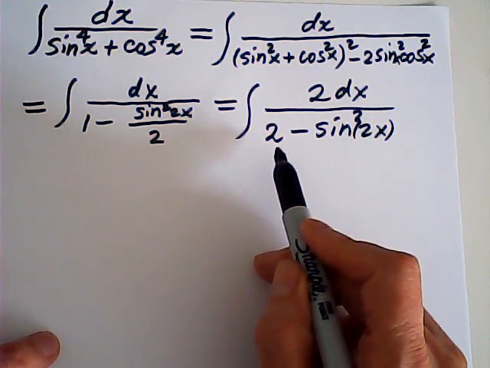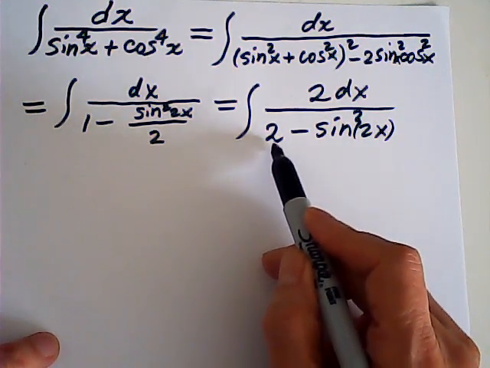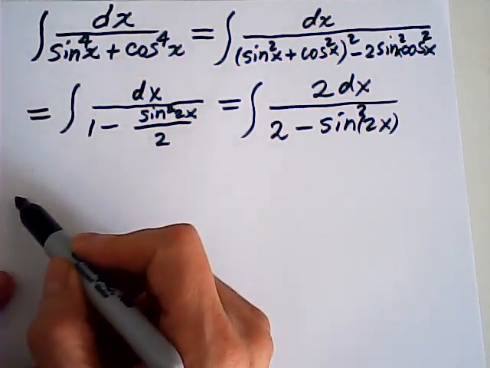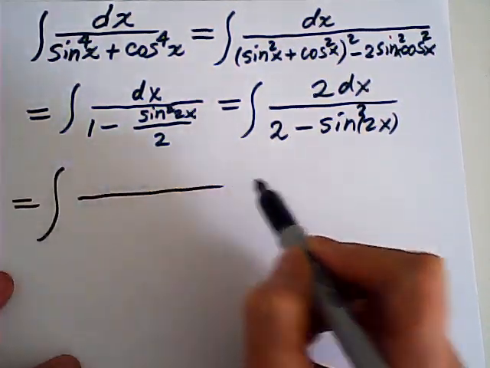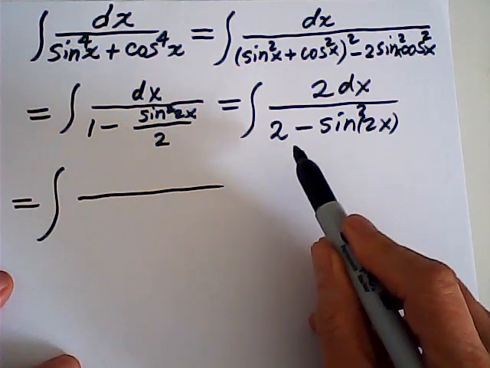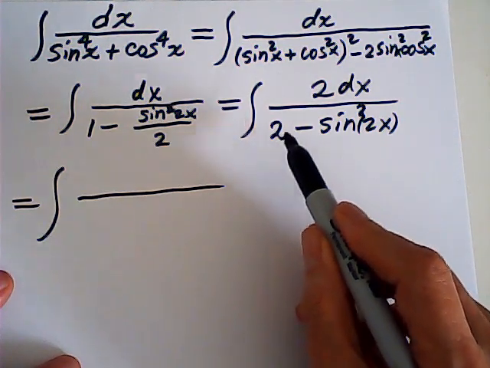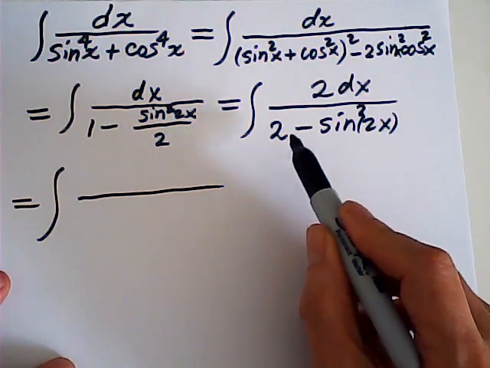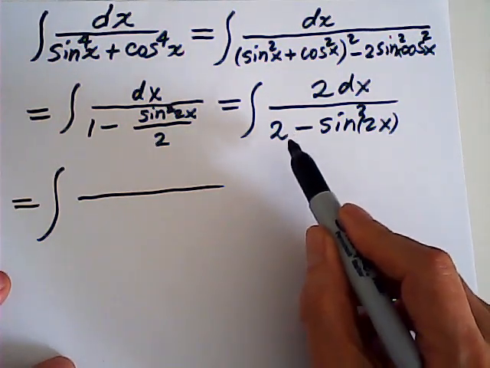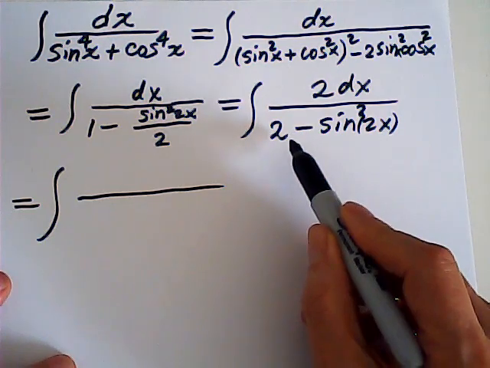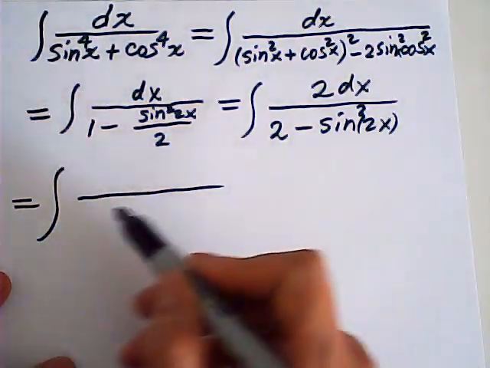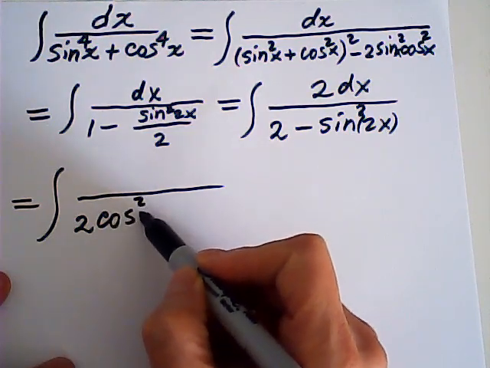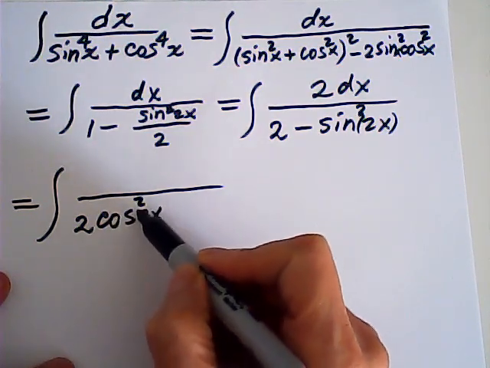Then I change this one into sine and cosine. This will be 2 sine square 2x plus 2 sine square 2x. So the leftover is 2 cosine square 2x, right?